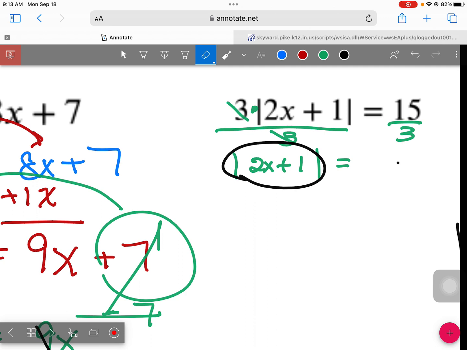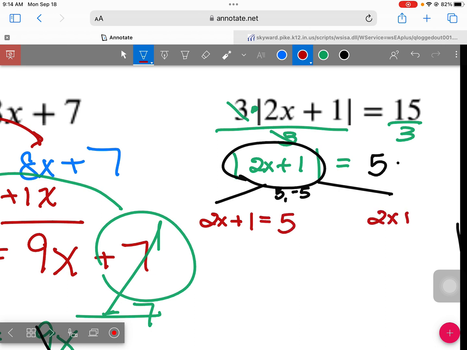So this expression, whatever it is, is 5 units away from 0. So I know that has to be equal either to 5 or negative 5. So that's when I can separate, when I have that isolated. So 2x plus 1 equals 5, and 2x plus 1 equals negative 5.